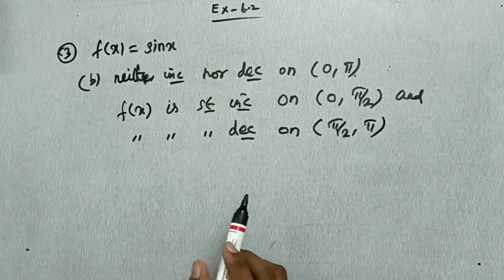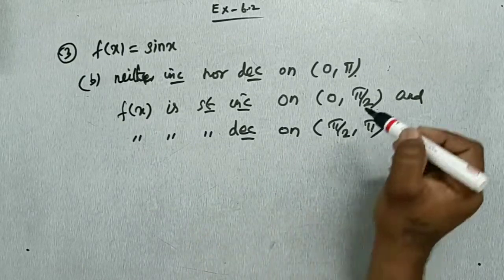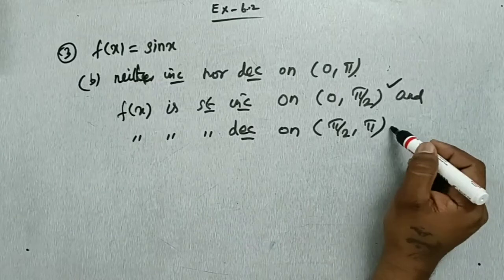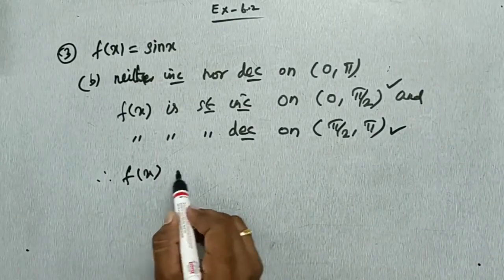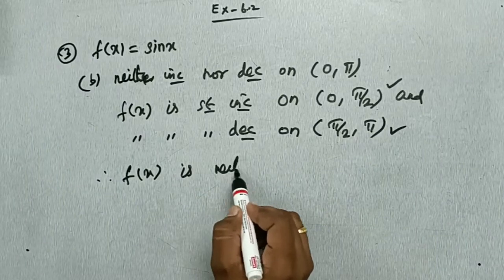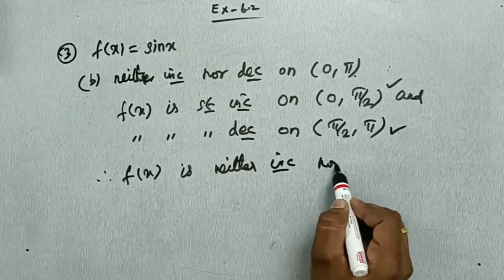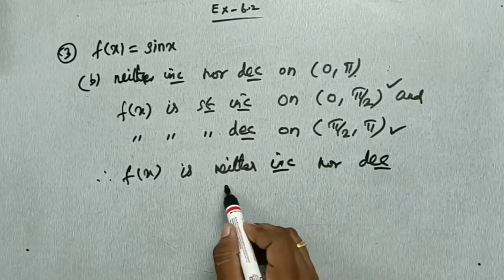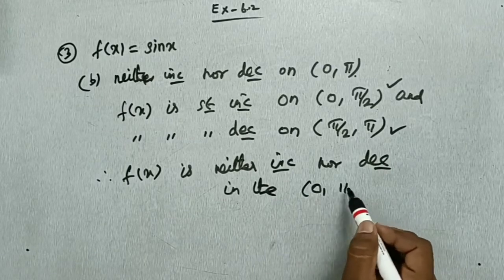So clearly we can write that this is strictly increasing on some partition and strictly decreasing on some partition. Therefore f of x is neither increasing nor decreasing in the whole interval 0 to pi.